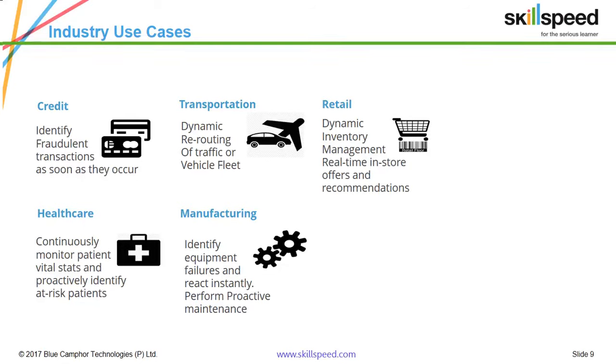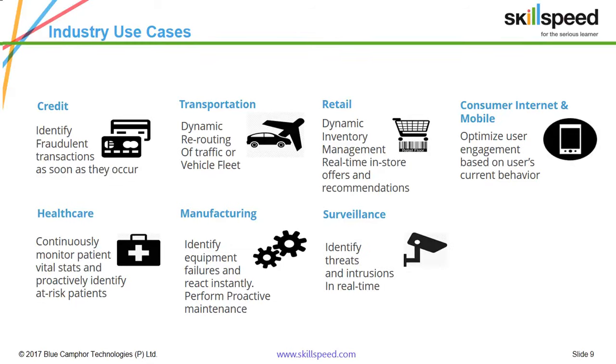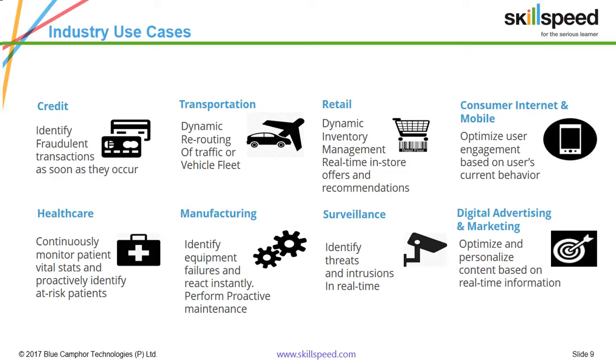You have to understand in real time how many people are interested in particular brands so that you can proactively procure the numbers and serve the people. You can do this by continuously monitoring the user sales and search statistics. This will be done by Spark Streaming. It is also extensively used in surveillance, consumer internet and mobile, and digital advertisement and marketing.